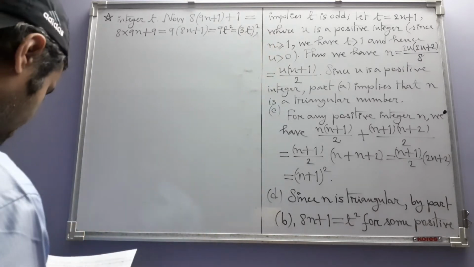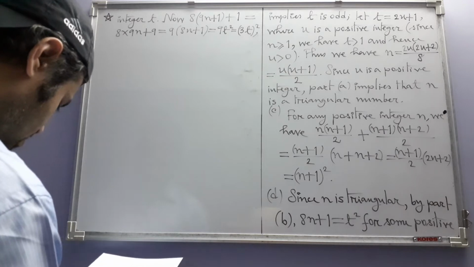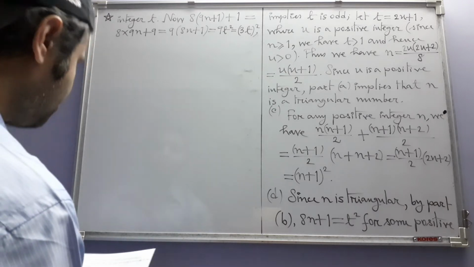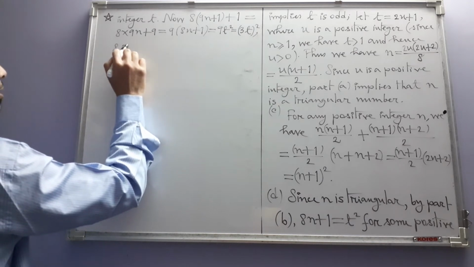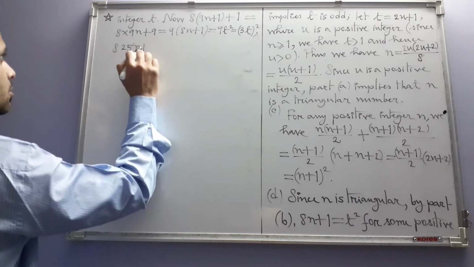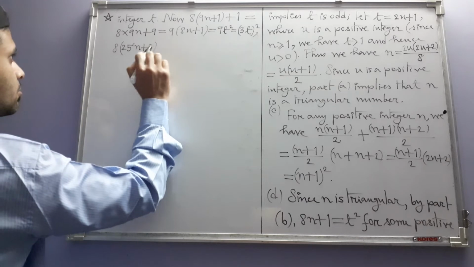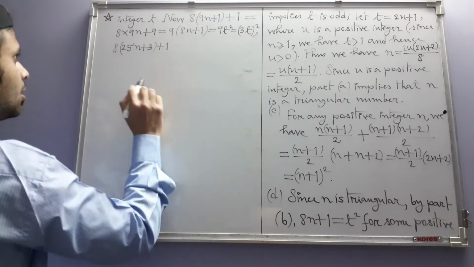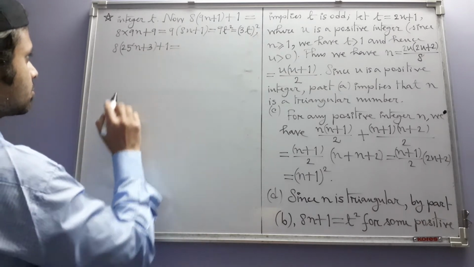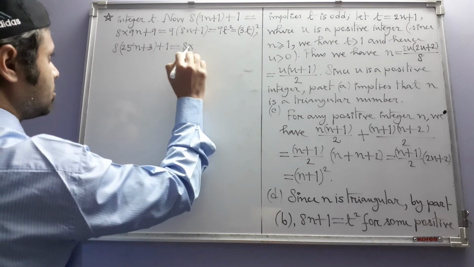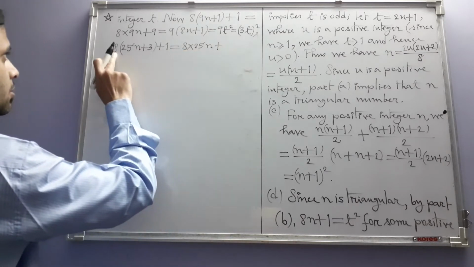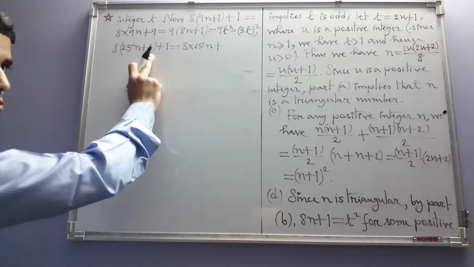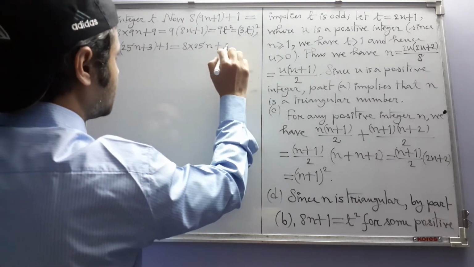Like that, what is the next one? 25n plus 3. 8 times 25n plus 3 plus 1. So this is 8 times 25n plus 3 times 8, 24 plus 1, 25.